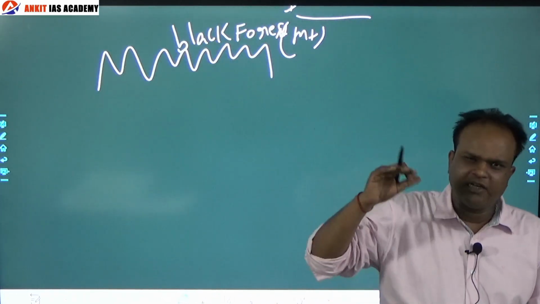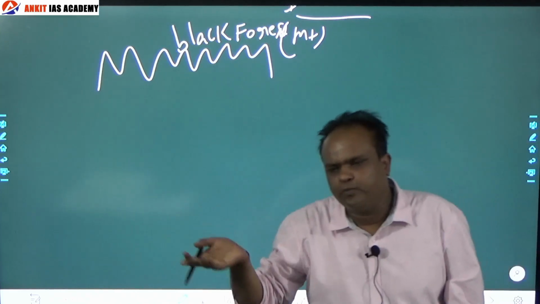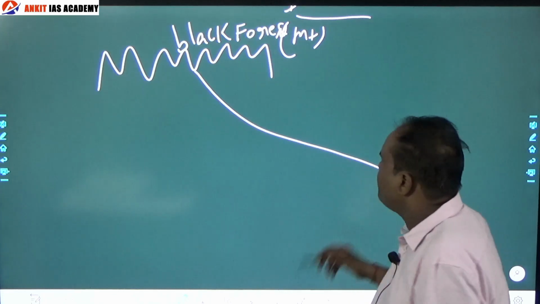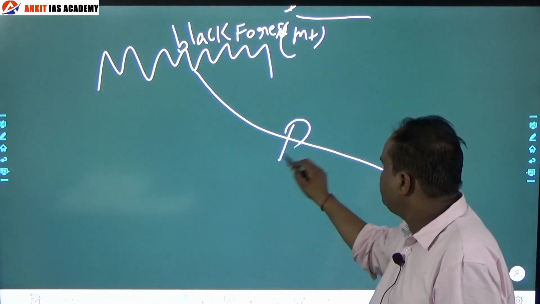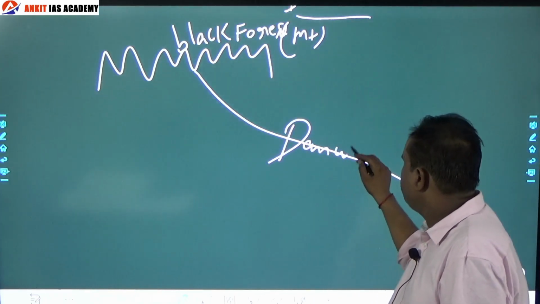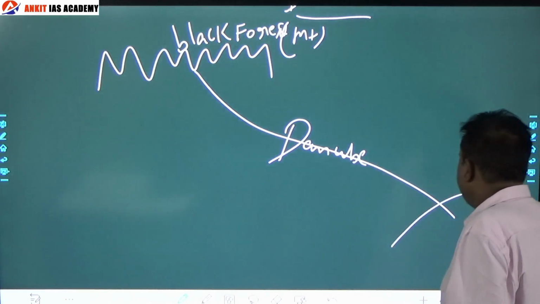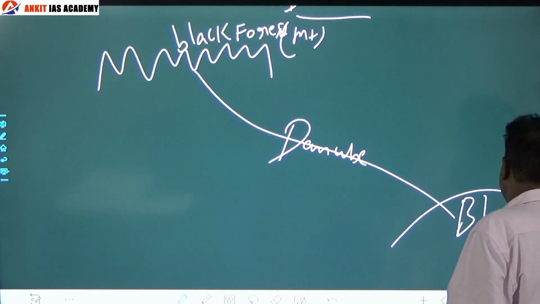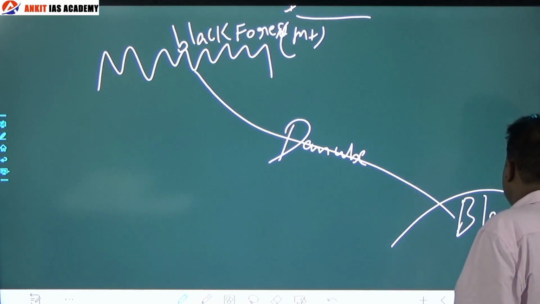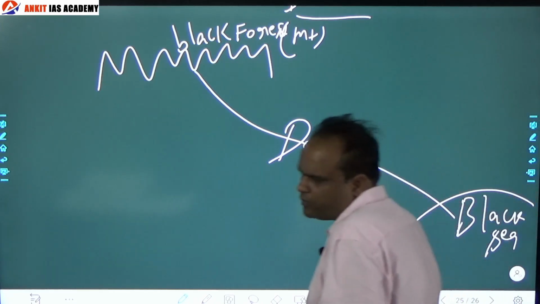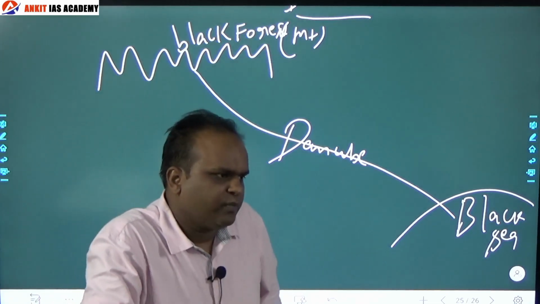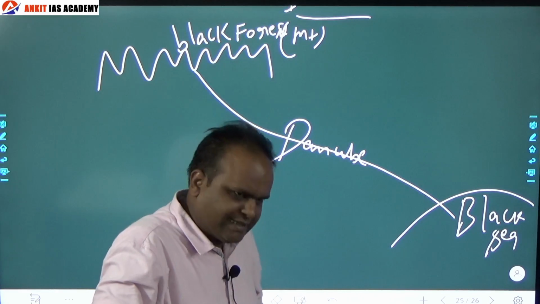Black Forest is located in Germany. Germany is a part of Europe, as you are aware. Danube River originates from Black Forest, Germany, and drains into Black Sea.